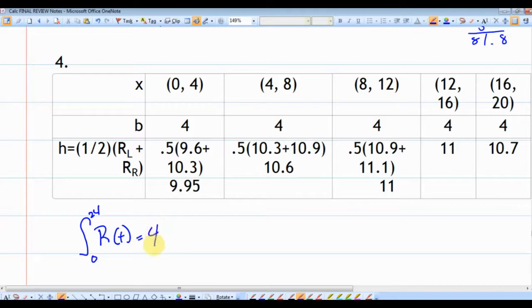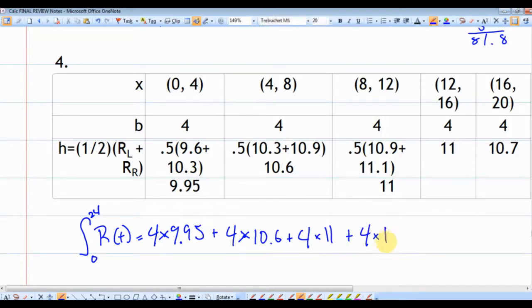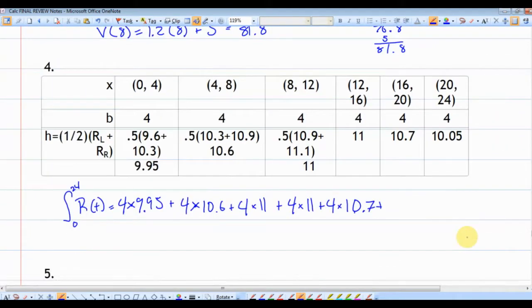It's going to be equal to 4 times 9.95 plus 4 times 10.6. Maybe I should put the x's there instead. Plus 4 times 11 plus 4 times 11 plus 4 times 10.7. That is ugly, sorry. 4 times 10.7 plus 4 times 10.05.